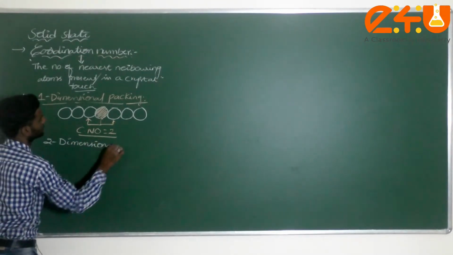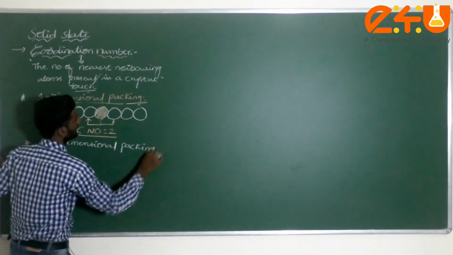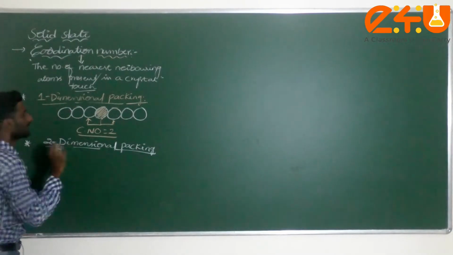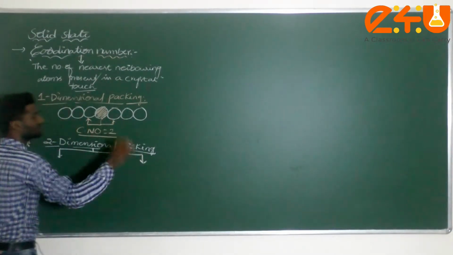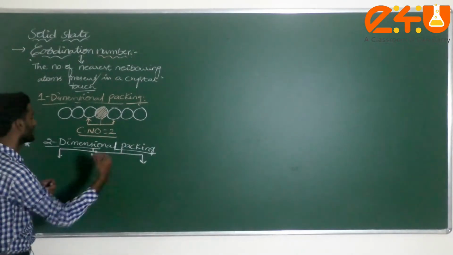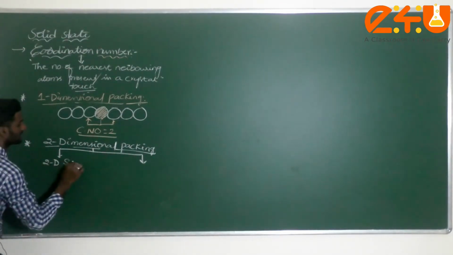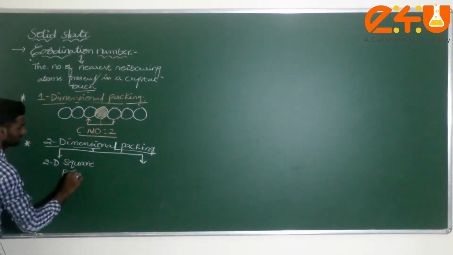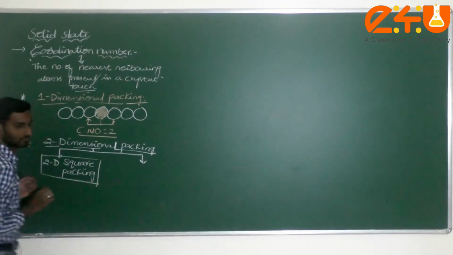What is it, dear students? Two dimensional packing. In two dimensional packing, generally we observe two types of packing. The first one is called two dimensional square packing.